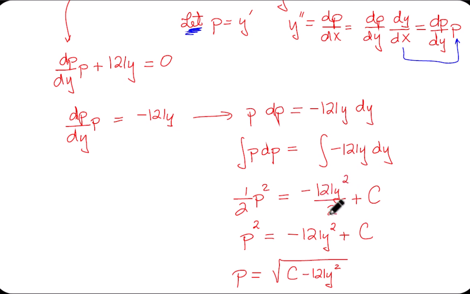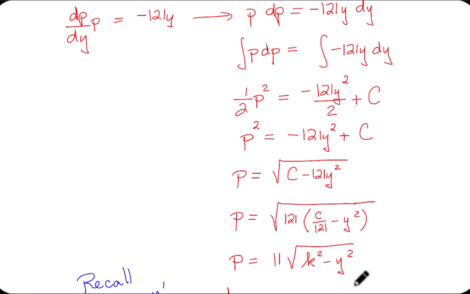So these would multiply through by 2. And so I get a relationship for p. All right, well, let's see. Looking at that, let me clean that up a little bit. What if I took out of this thing a 121?